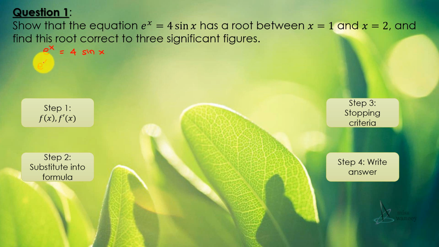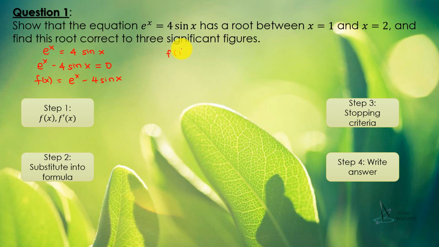So we are going to have e^x - 4 sin x = 0. We're going to call this f(x) = e^x - 4 sin x. So we have to show that we have a root between 1 and 2.